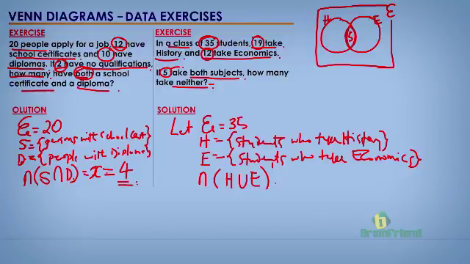So we have 5 in our Venn diagram put down there.